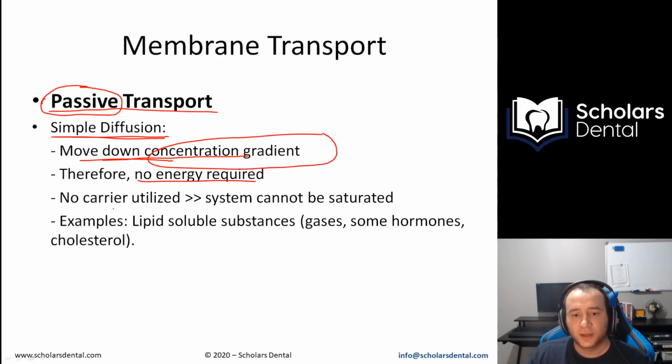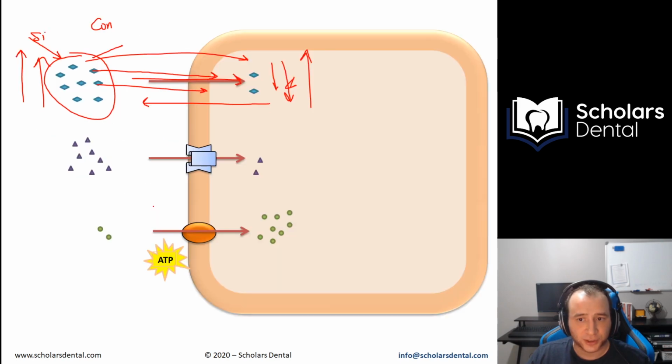Because it's going through the membrane, there's no carrier. It's not using a channel or a carrier. A carrier is something that transports molecules from one side and delivers them to the other side. It's not using those, it's just going simply through the membrane.